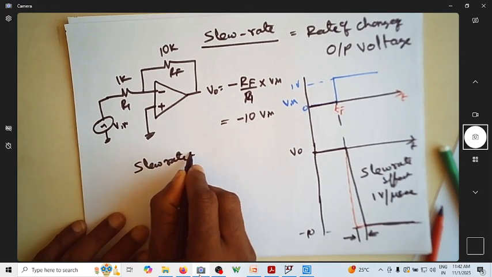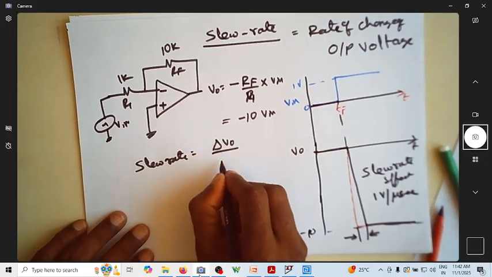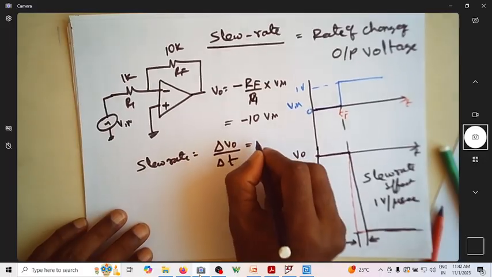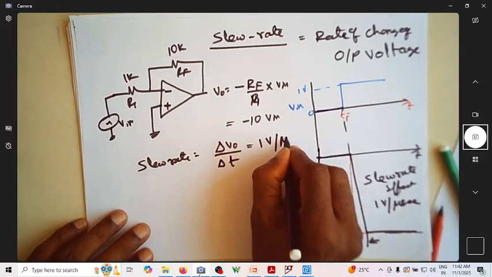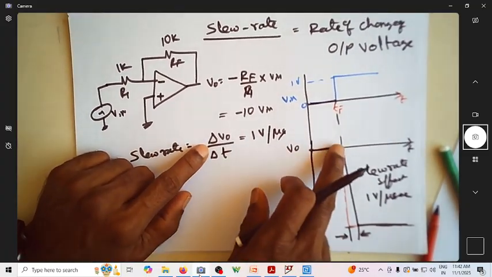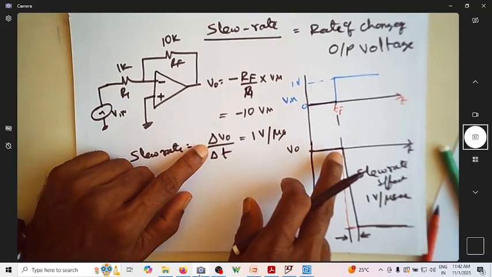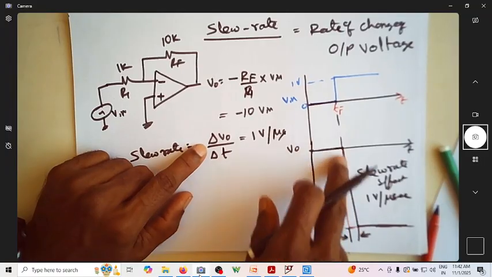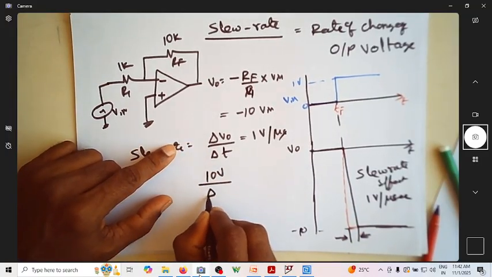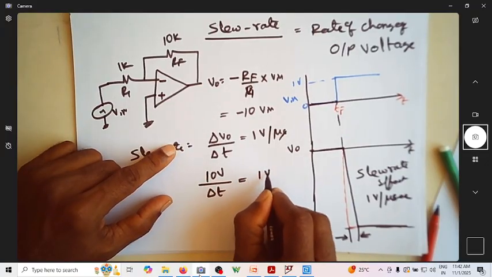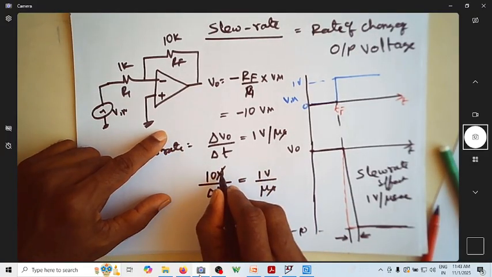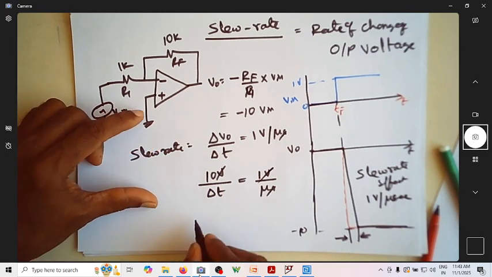Slew rate is nothing but del V naught by del T, which for this case is 1 volt per microsecond. So what is del V naught? It is the change in the output voltage. The output is changing from 0 to minus 10, so the overall change is 10 volts. So 10 volt divided by delta T is equal to 1 volt per microsecond.